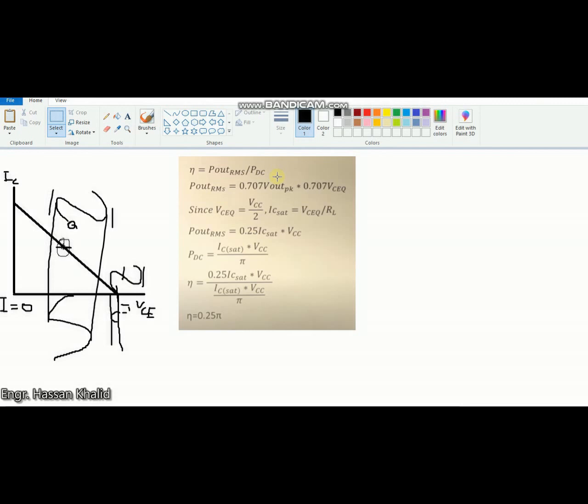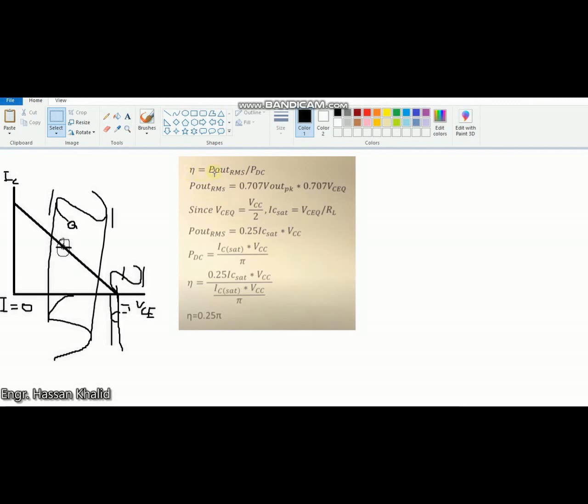Now let us discuss the efficiency of this circuit, as we have claimed that our previous class B type amplifying circuit was only 50% efficient. However, let's see what is the percentage of efficiency achieved by doing this symmetric analysis.